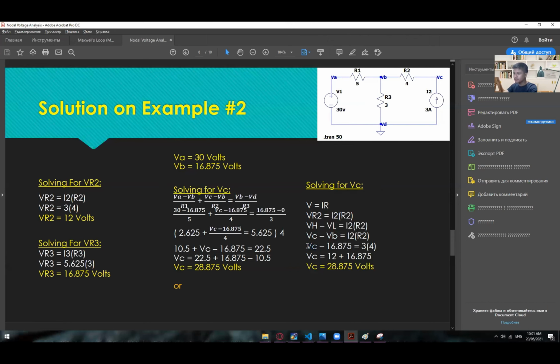And right here VC minus VB, which is 16.875, is equal to 3 for the I2 and 4 for the R2. Again, just solve this one and transpose on the other side. You will get 12 plus 16.875, which will give us the same answer, 28.875 volts.